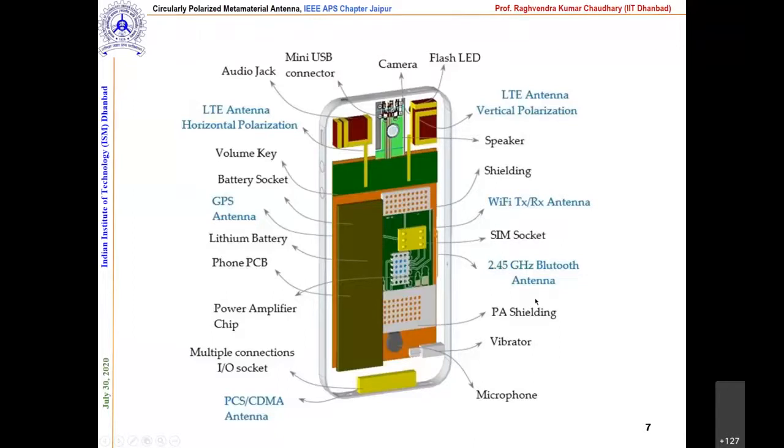One of the things we want to do, if you see some of our work, is we try to manage multi-band antennas. Here you can see these antennas are distributed over the area of the mobile.